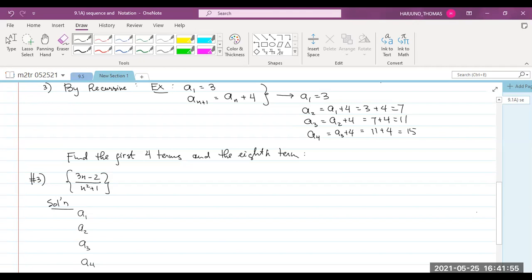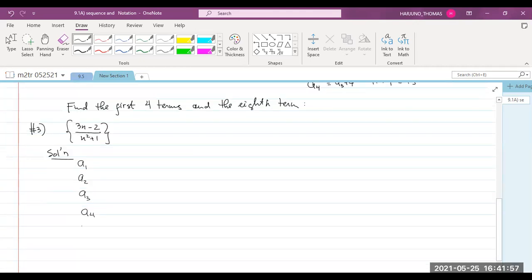And the 8th term, A8. You see? So I plug in n equals 1 here. So that's 3 minus 2 over 1 plus 1. That's 1/2. When n equals 2, that will be 6 minus 2 over 4 plus 1. That's 4/5.